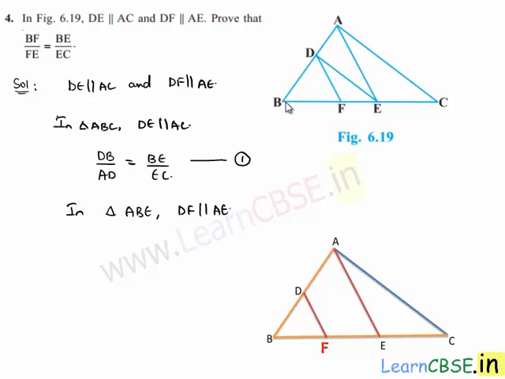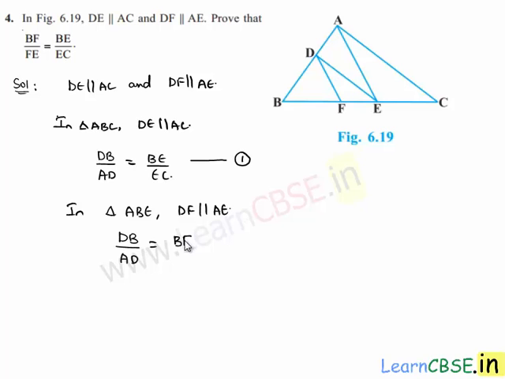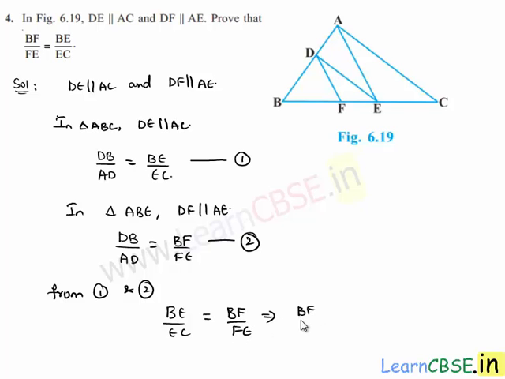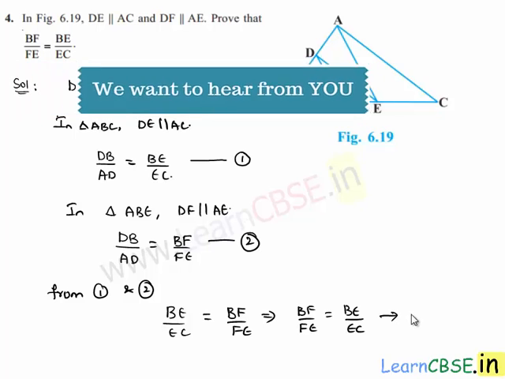So if we apply the basic proportionality theorem in triangle ABE, we get DB by AD is equal to DF by FE. Let it be equation number 2. Now from 1 and 2, as the left hand side in both the equations is equal, we can say the right hand side will also be equal, that is DE by EC is equal to DF by FE, which can also be written as DF by FE is equal to DE by EC, which is the required proof.